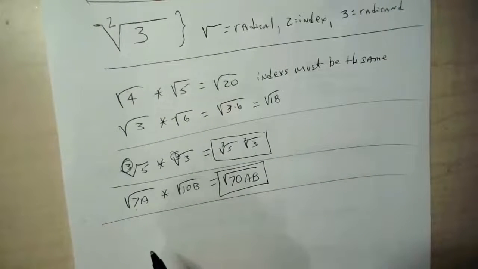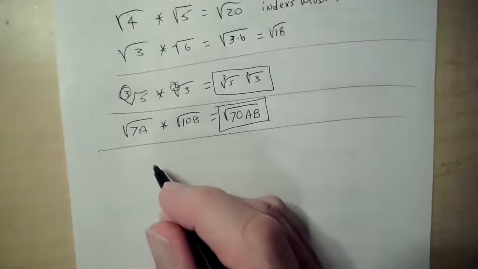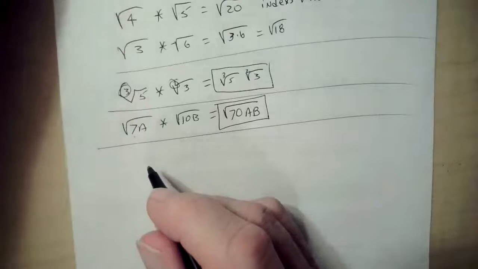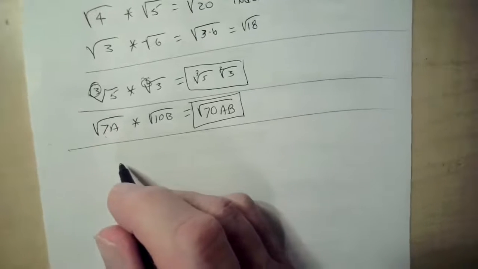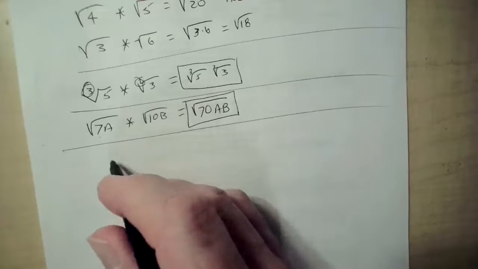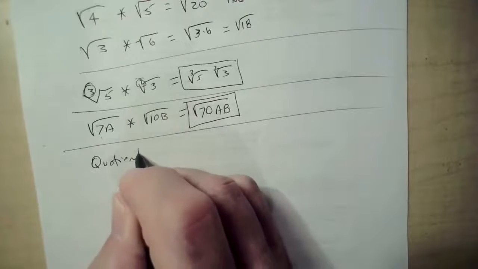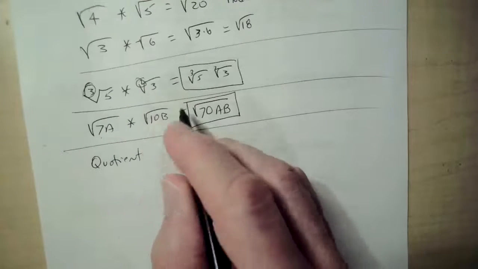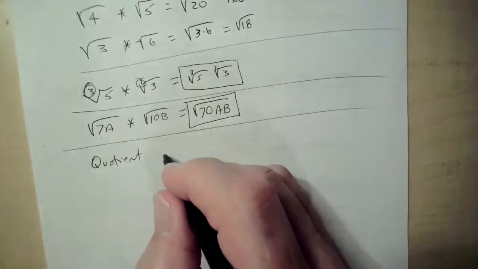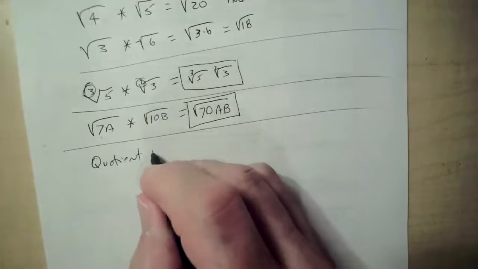Right? Now the quotient rule, the quotient is the answer when you divide. The quotient rule is just like this, except for division.